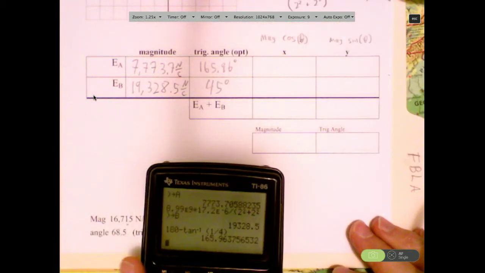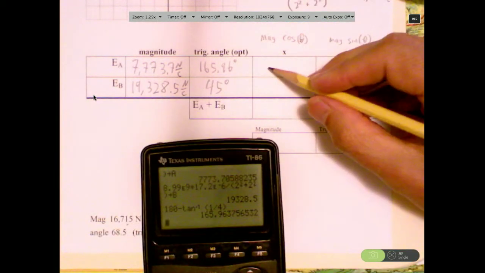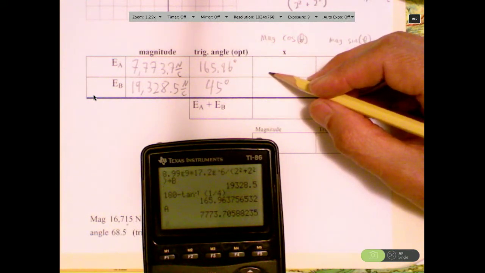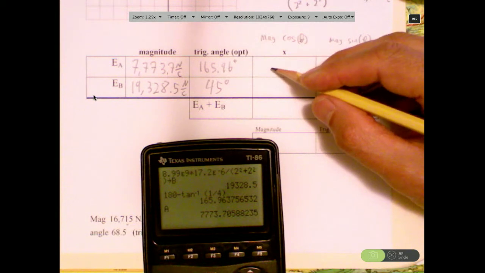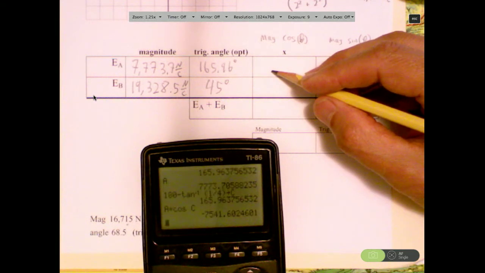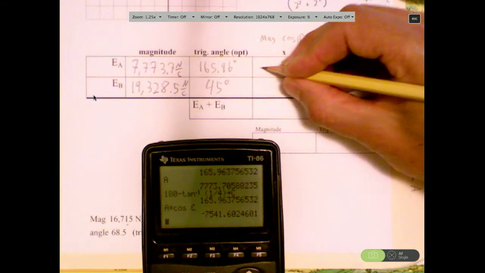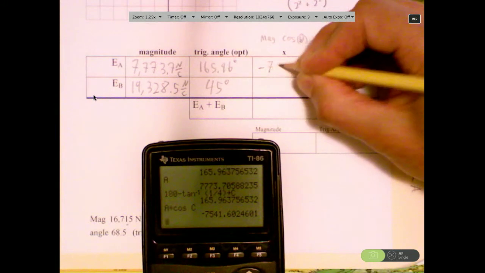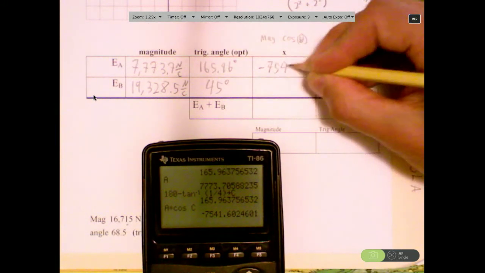Okay, so I'm just going to crank through these guys. Here I'm going to take alpha A, second entry, and store that in C just for fun. Now I can simply go, I'm not even rounding, alpha A times cos alpha C, and this is negative 7541.6.